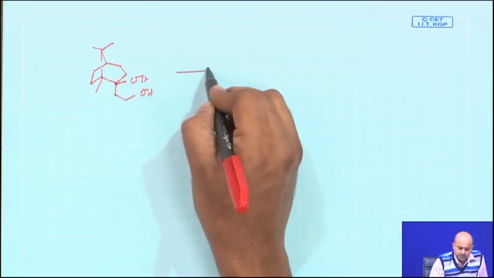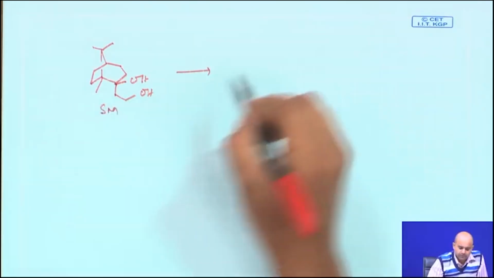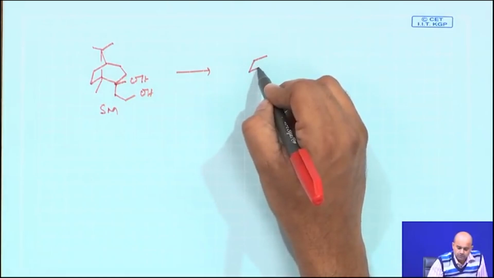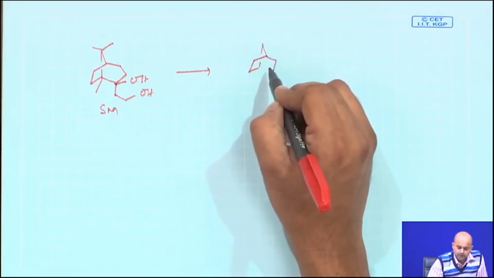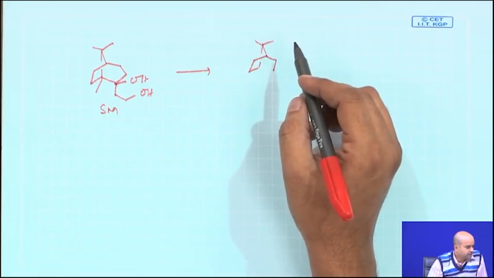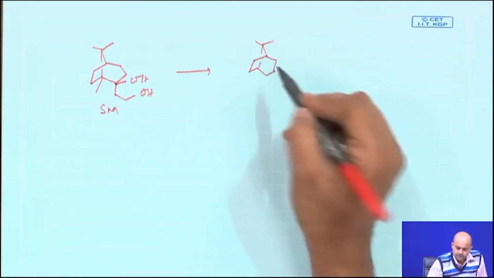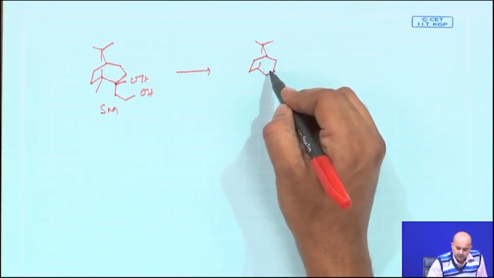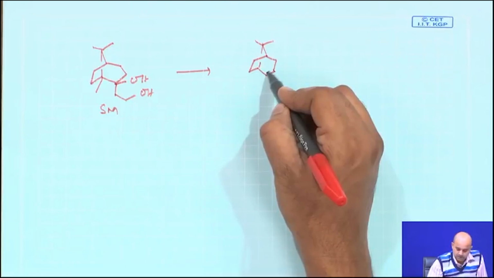Now, this is the starting material which was given to you. The target molecule which was required at this stage, you put a double bond here.